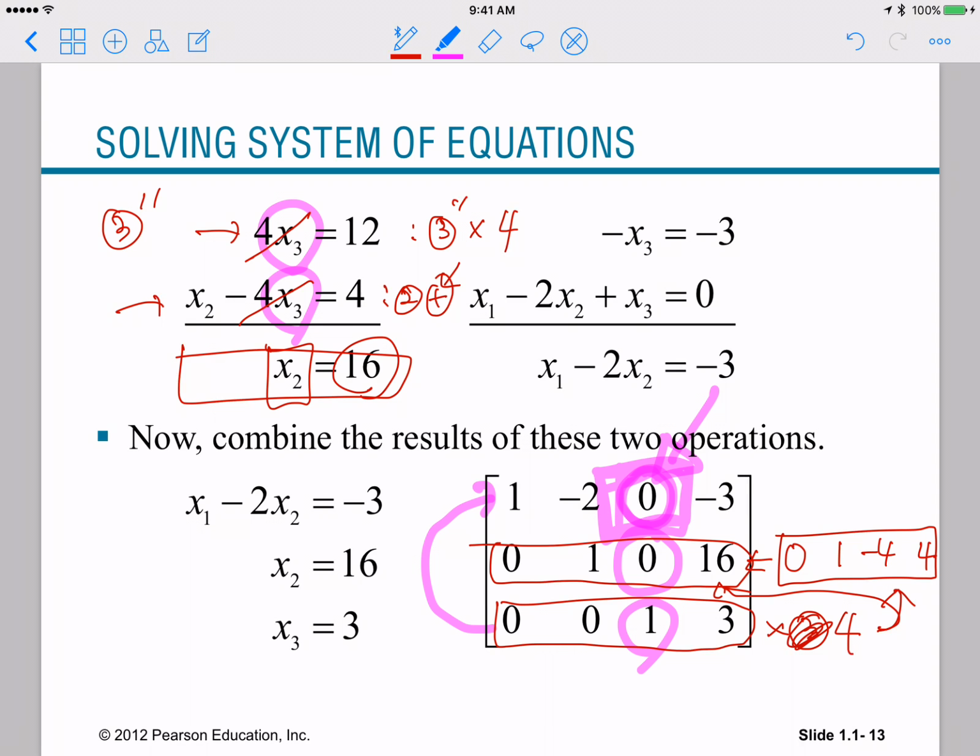Okay, so from this rectangular form, once we identified this x3 value, or after we made the value of this guy 1, we look in the above, just right above the equations, and then change all these values to 0. Okay, so that is what we are doing.